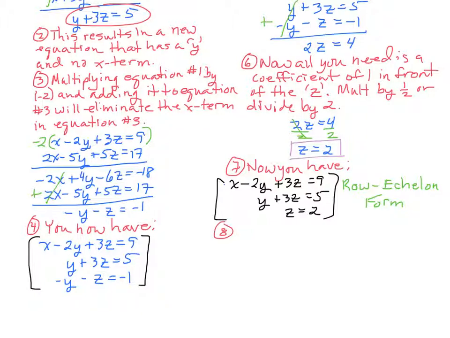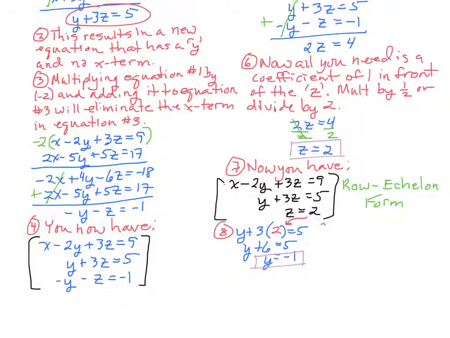So you're going to take y plus 3, and instead of z, we're putting in 2, and we got that from here, equals 5. Y plus 6 equals 5. Subtract the 6, doesn't y equal negative 1? And that gives us answer 2 out of 3.